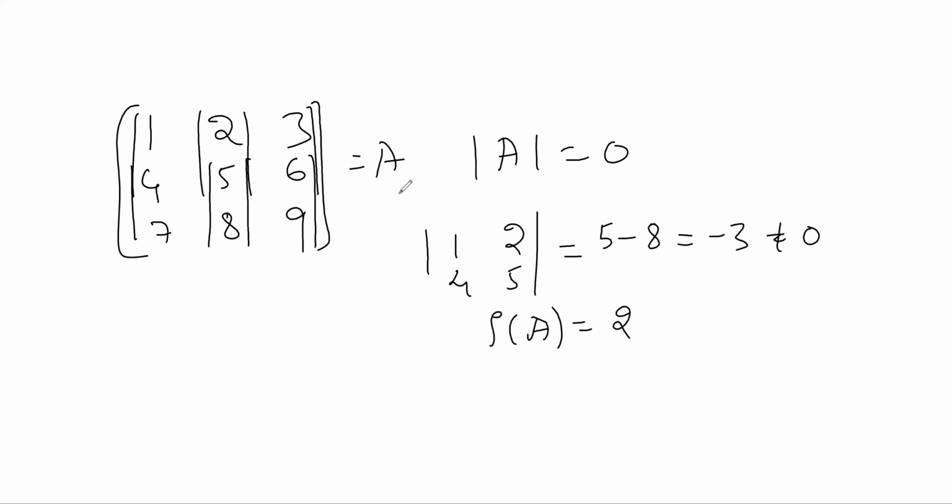You have to check all the possibilities. If all the 2 by 2 determinants are 0, then the rank is of order 1. If any one submatrix of order 2 has a non-zero determinant, then the rank of that matrix is 2. Now I will tell how to find the rank of this matrix by using row reduced echelon form.